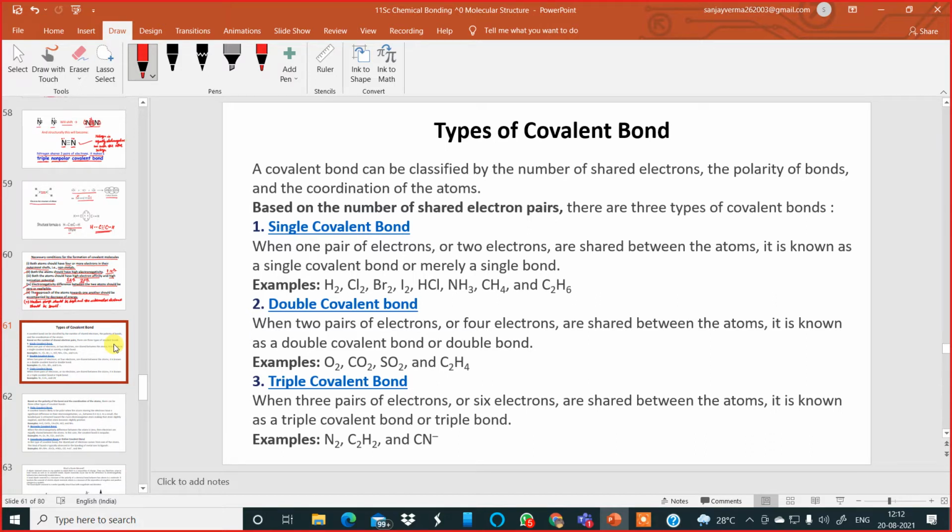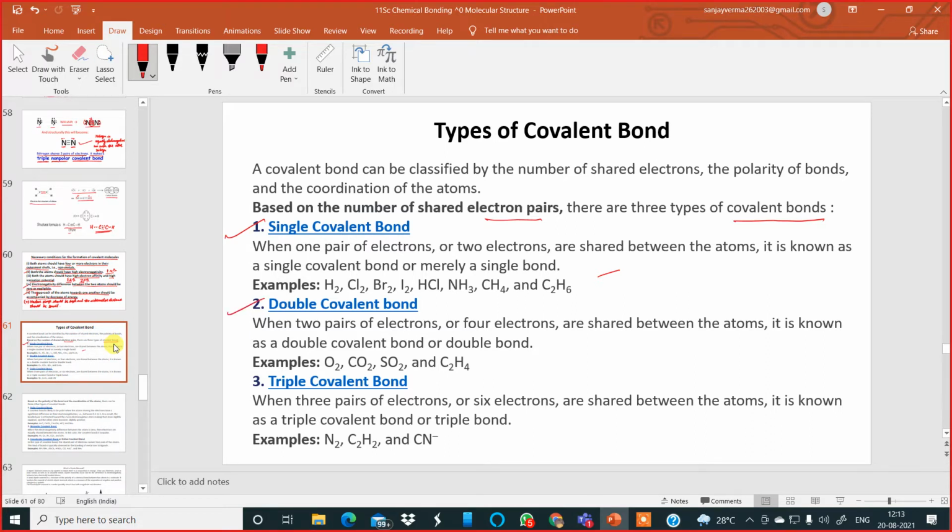Based on the number of shared electron pairs, there are basically three types of covalent bonds. The first one is called a single covalent bond, where examples are hydrogen molecule, chlorine molecule, bromine molecule, iodine, hydrogen chloride, ammonia gas, methane, and ethane.